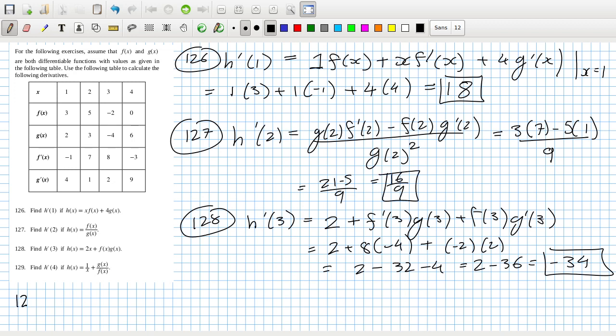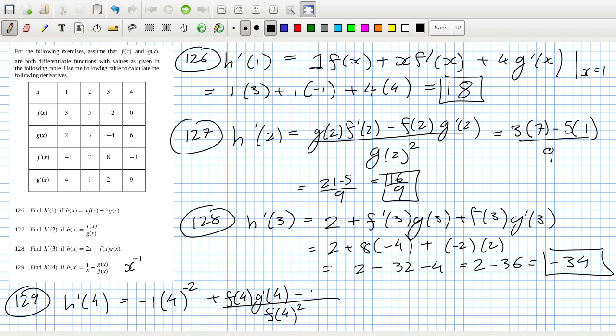Okay, and lastly, 129. So maybe I should change that to x to the power minus 1. So h'(4) would be minus 1, 4 to the power minus 2, plus f of 4 squared, and then the bottom times the derivative of the top minus the top times the derivative of the bottom.